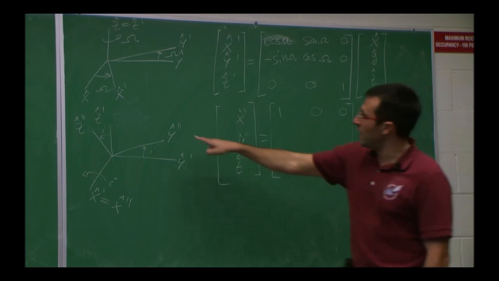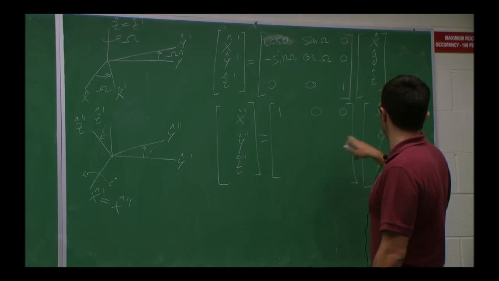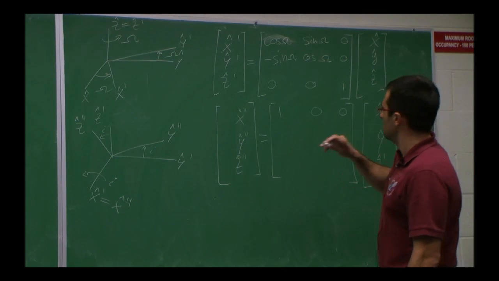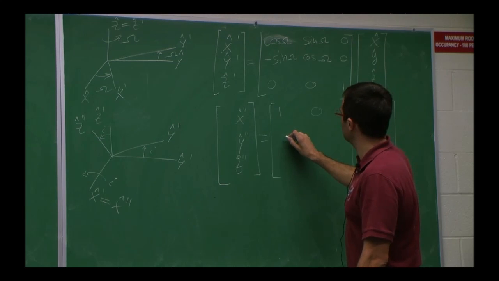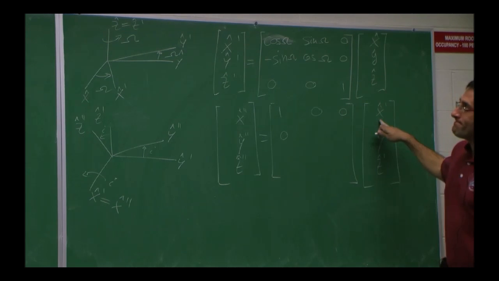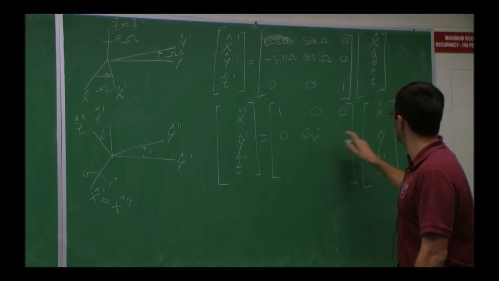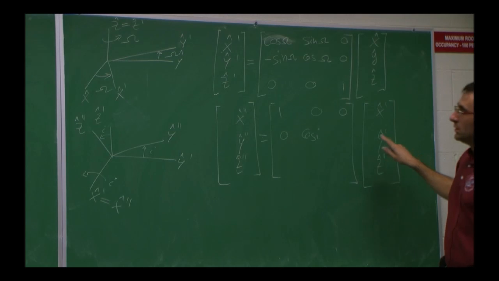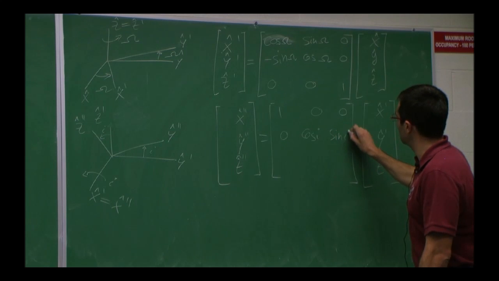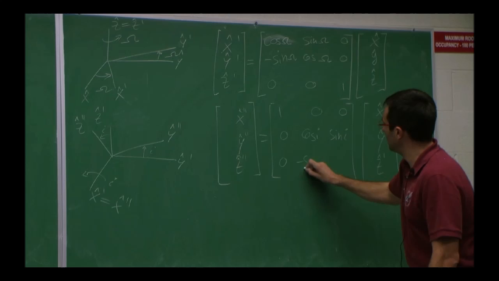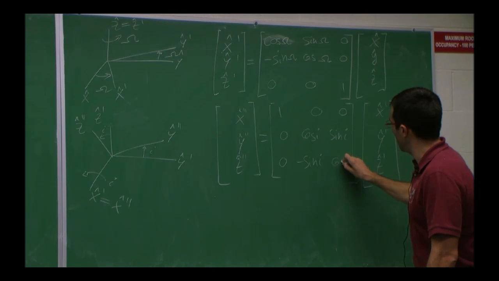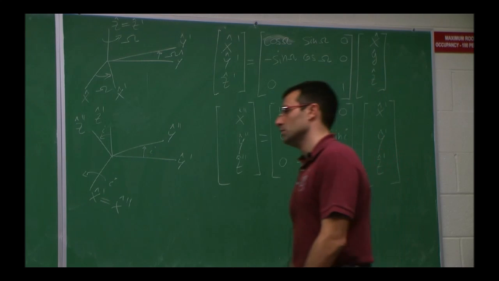How does y hat second project? It's a 0 on the x prime, a cosine of the inclination on y hat prime, and a sine of the inclination here. And then I should have 0, minus sine of I, cosine of I, sorry, I, not e.